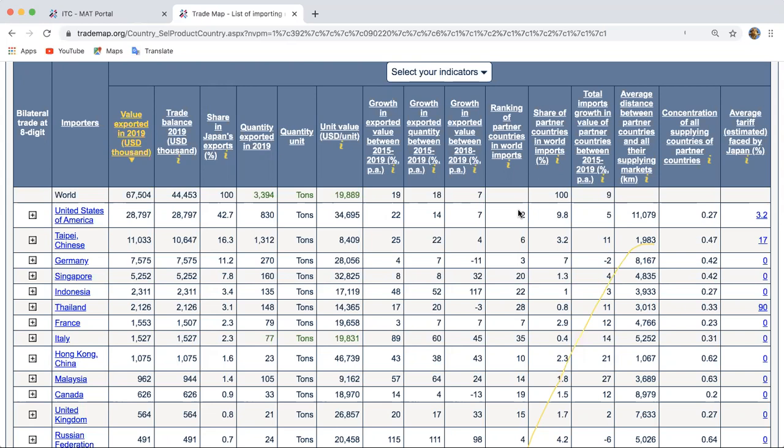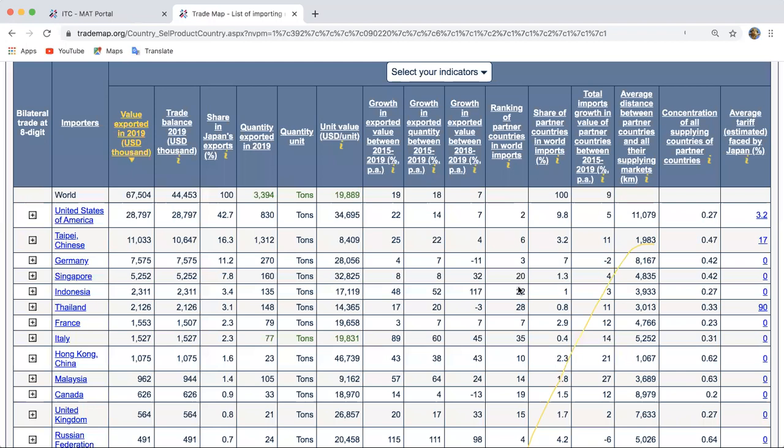So it's also an important market for Japan, but also an important green tea market in general. Chinese Taipei is the 6th largest importer of green tea. Germany is the 3rd largest importer of green tea. So Japan is already targeting very big green tea markets.